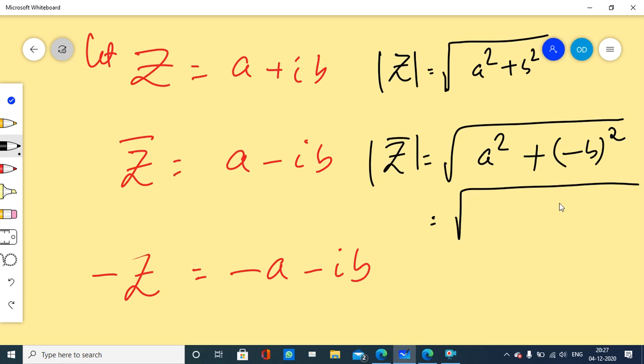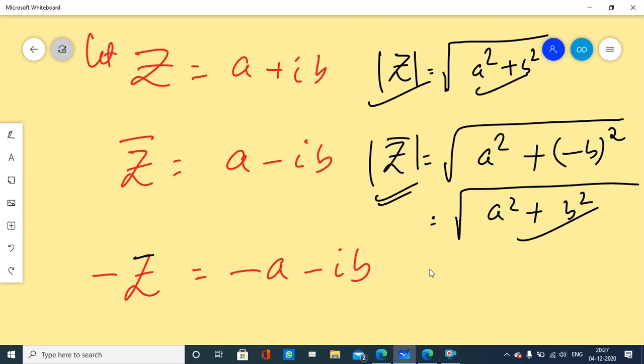Now guys, you tell me, isn't square of minus b the same as square of b? Because square of minus is plus, minus into minus, minus b into minus b, isn't it b square? Direct, minus minus plus. Okay. So do you see something here? That modulus of a complex number and modulus of its conjugate, they are the same. You get it?